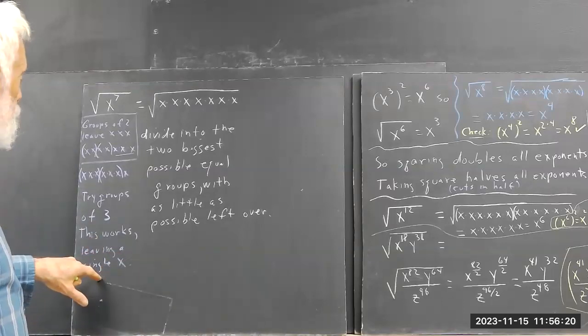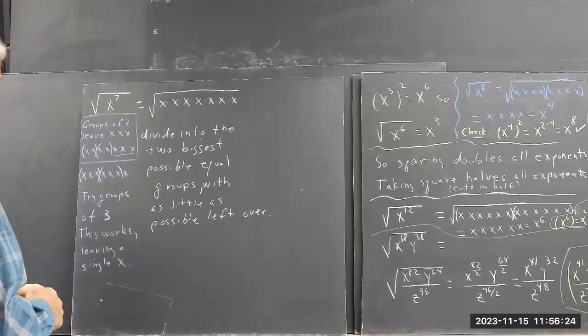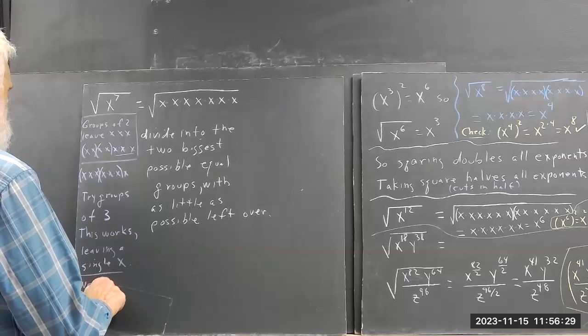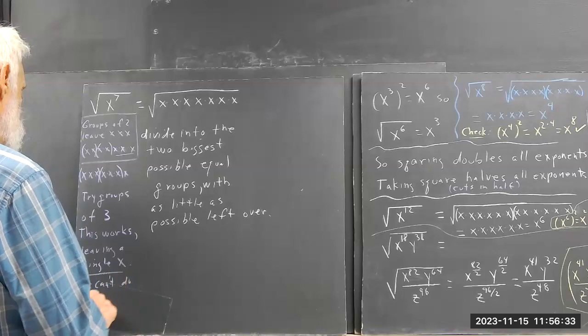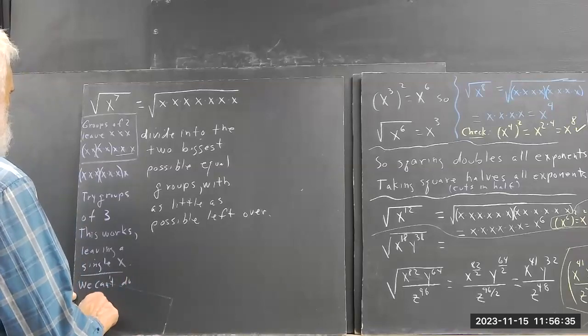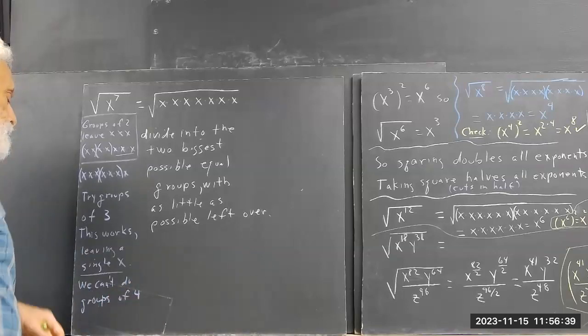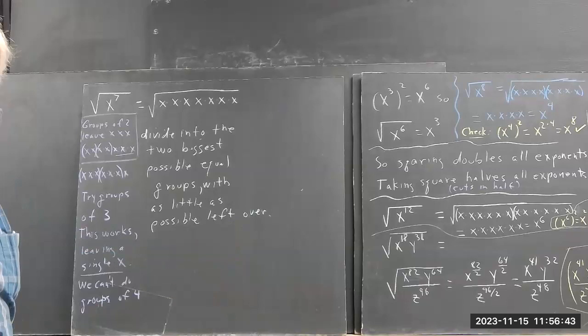This group works, leaving a single X. And we can't do groups of 4 because that would require 8 X's, right?